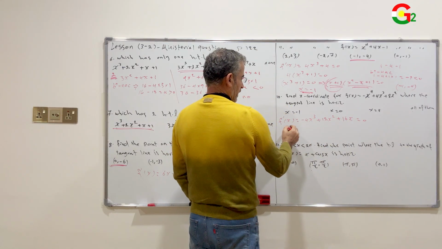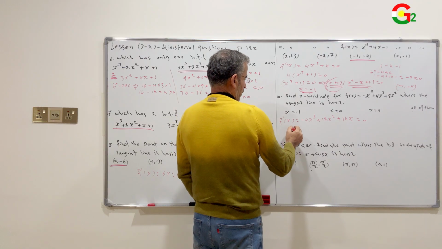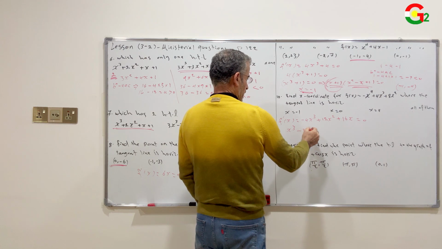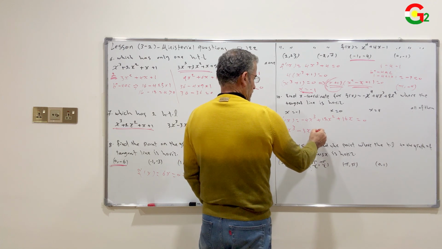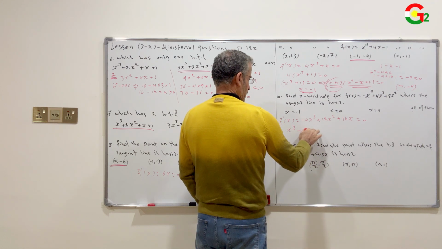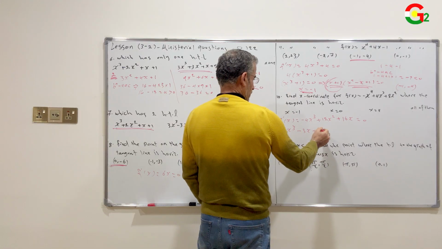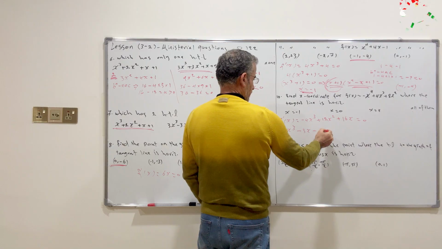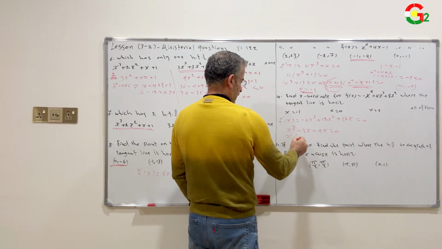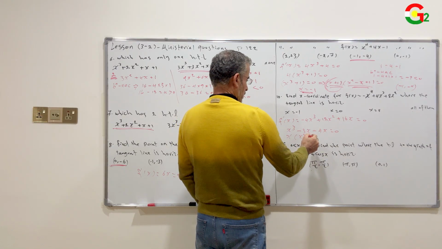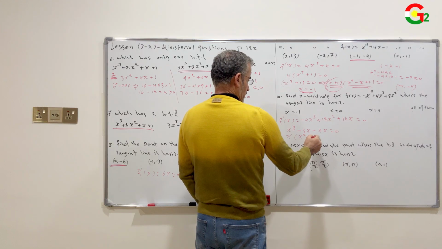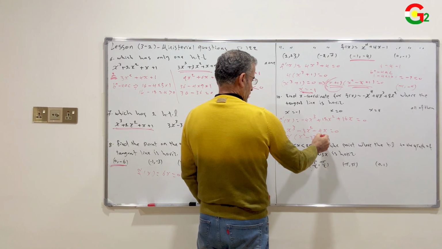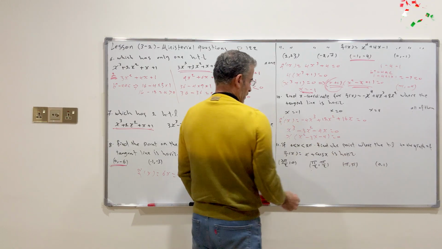Divide by negative 4: x power 3 minus 3x power 2 minus 4x equals 0. Factorize by x: x times (x power 2 minus 3x minus 4) equal 0.